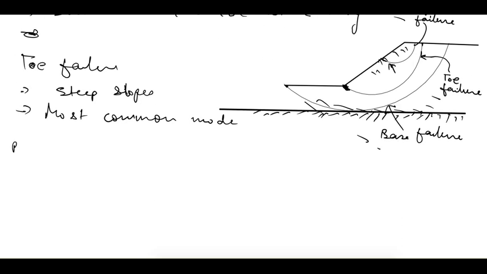And the last is base failure. Base failure happens obviously when this foundation part is not very strong compared to our actual structure. In that case base failure can happen.